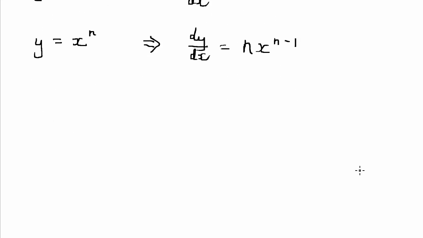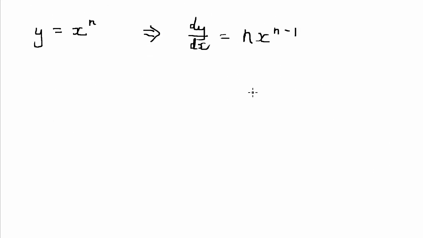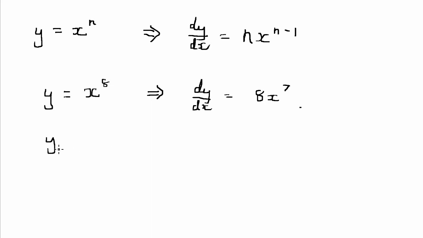So now that we do know it, let's just look at a couple of examples. Suppose that we had to differentiate y is x to the 8. Well, we now know then that dy dx, the gradient of that curve, will be 8x to the 7. Similarly, we could do this with silly numbers now. Suppose we had x to the million.